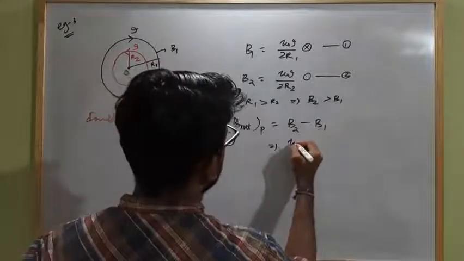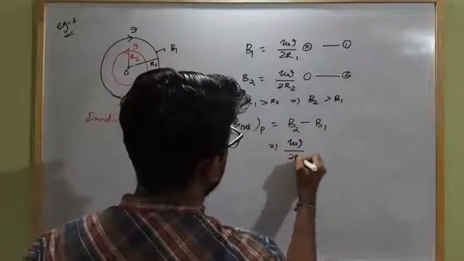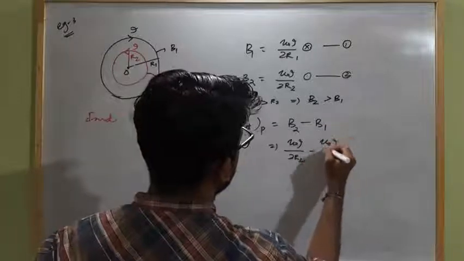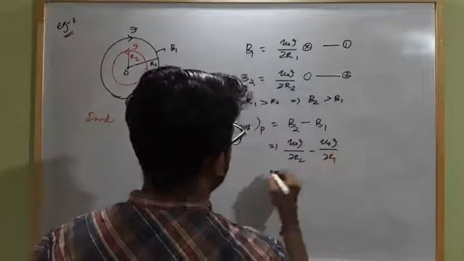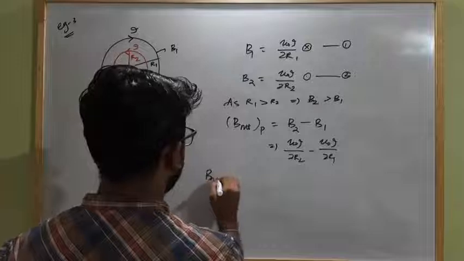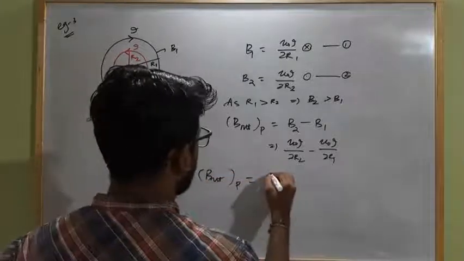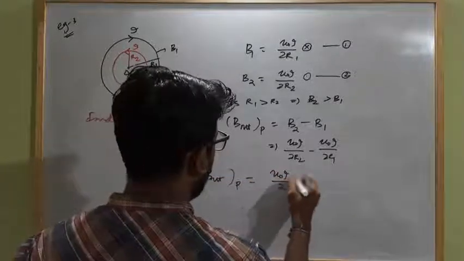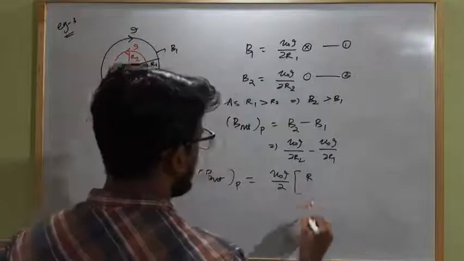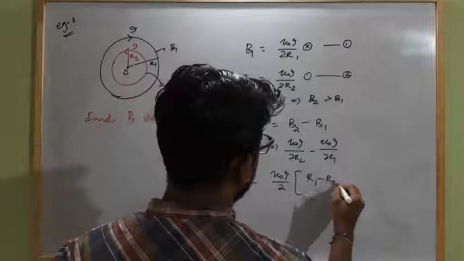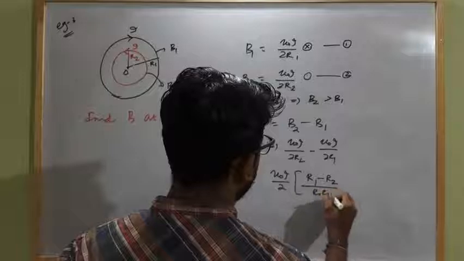This implies mu naught I by 2 R2 minus mu naught I by 2 R1. So B net will be mu naught I by 2 into R1 minus R2 divided by R1 R2.